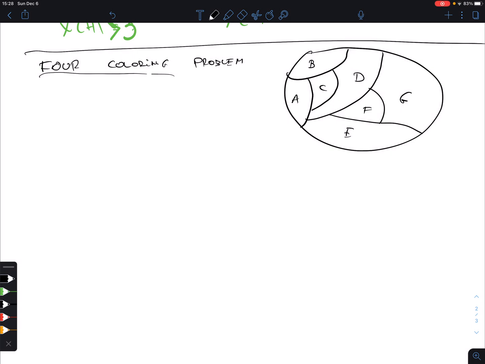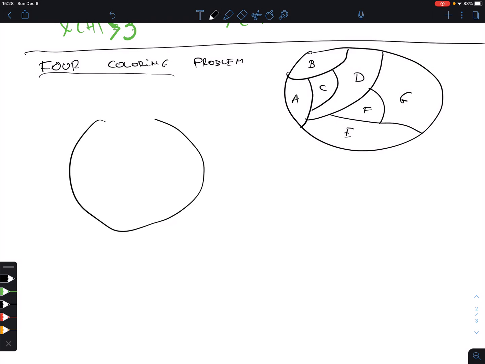That if you have a map, it could be a very complicated map with many divisions between suburbs or whatever you want, can you always color this with 4 colors so that no two adjacent regions have the same color? Now, of course, we could have a situation like this.